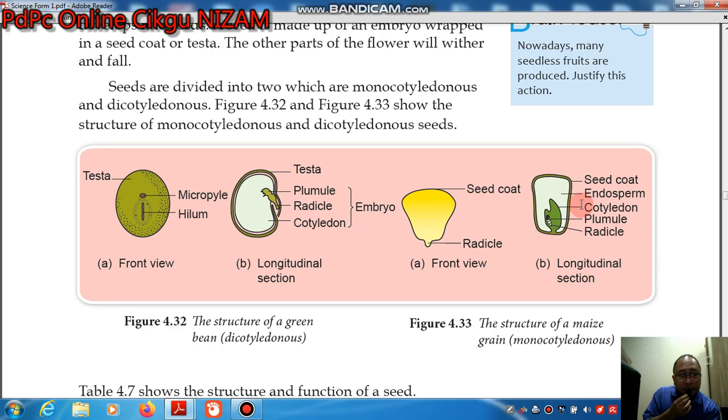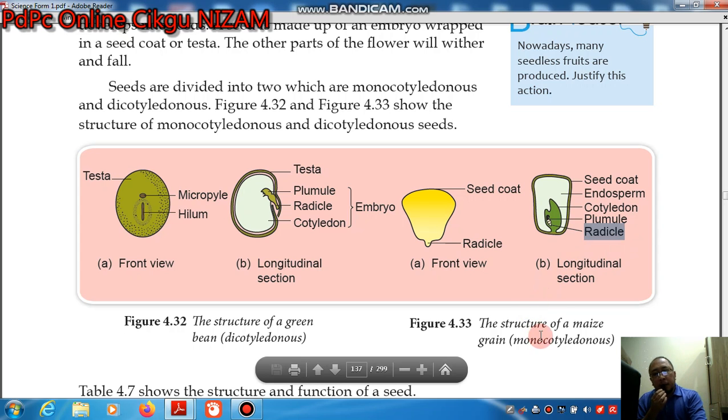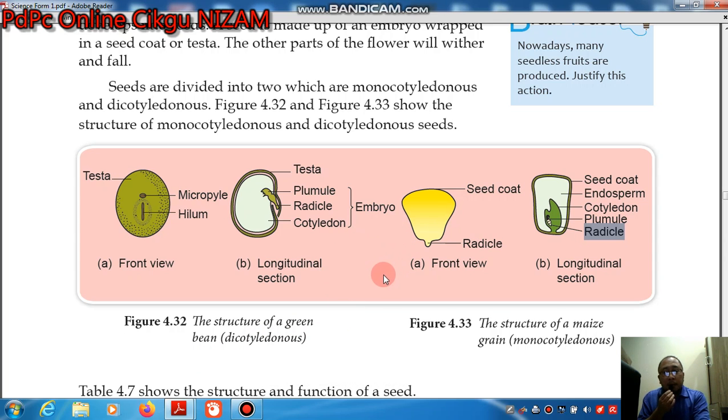So cotyledon, plumule, and radicle will form the embryo in monocotyledonous seed, and same with the dicotyledonous seed. This is the structure that makes up both types of seed.